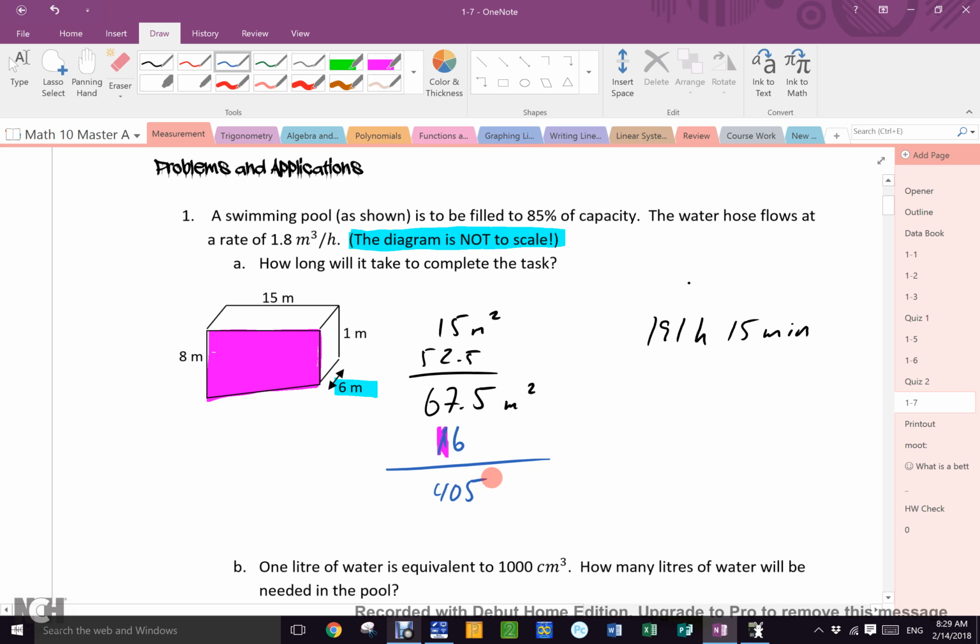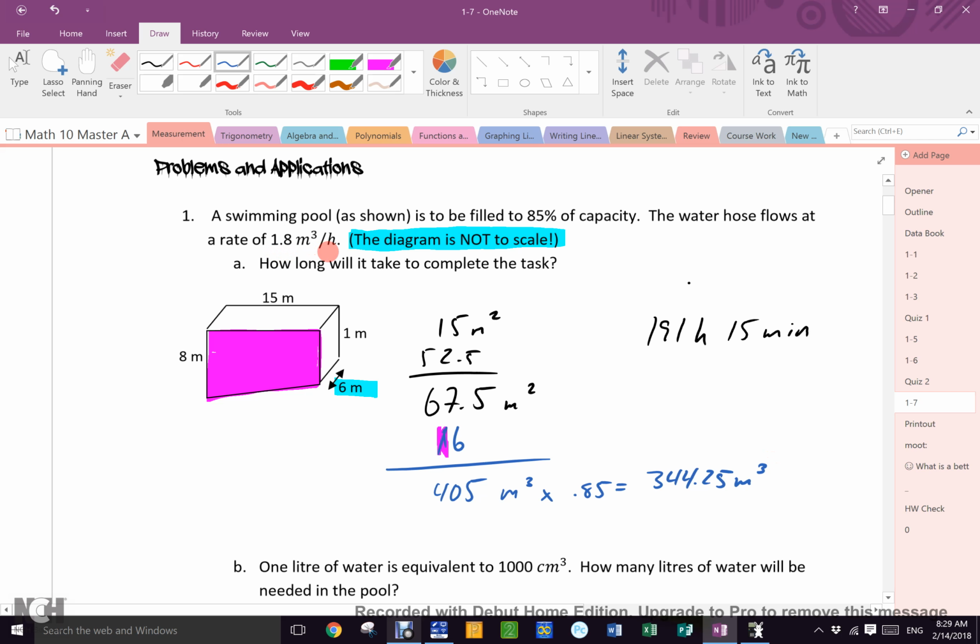So the pool is 405 meters cubed, yes? But am I filling it fully? How much am I filling it? 85%. So I got to multiply that by 0.85, and that comes out to 344.25 meters cubed.